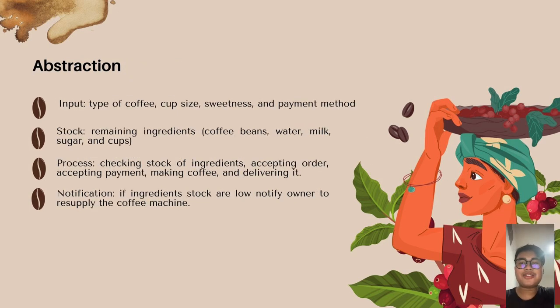Abstraction. This coffee machine abstraction shows how technology can be used to automate the coffee making process, from taking orders to notifying when ingredients need to be refilled. With user input, stock check, automated brewing, and owner notification, the machine is able to provide convenience and efficiency in serving coffee.